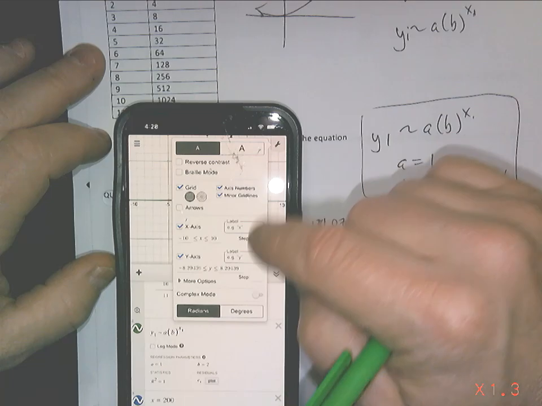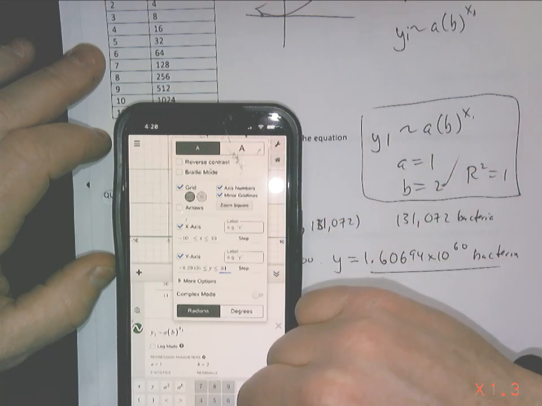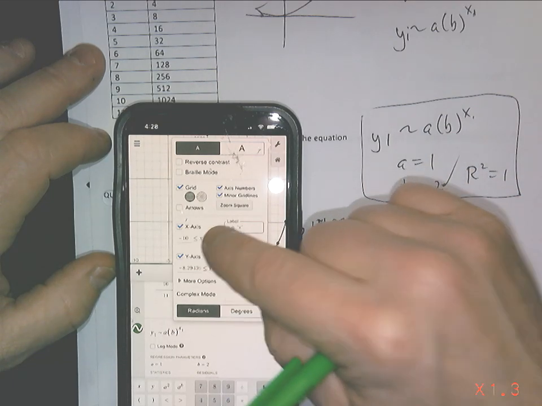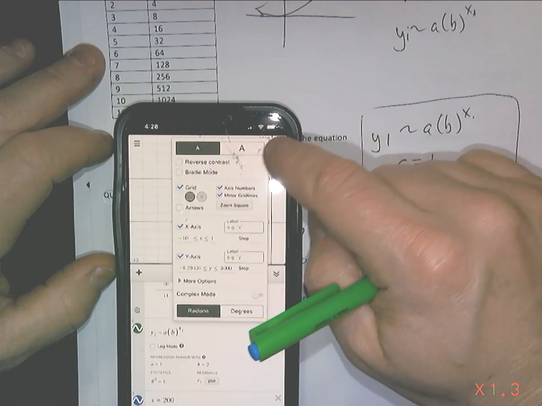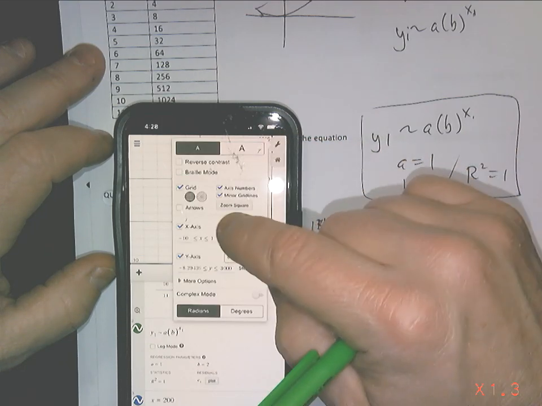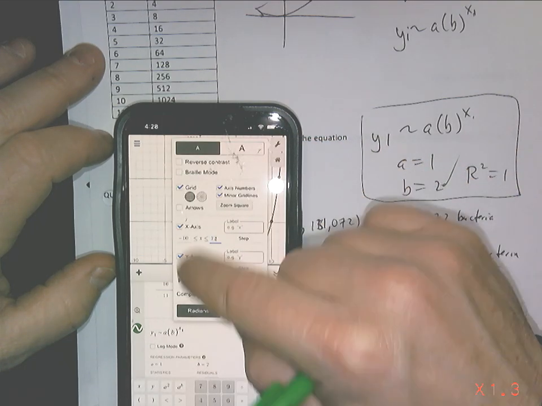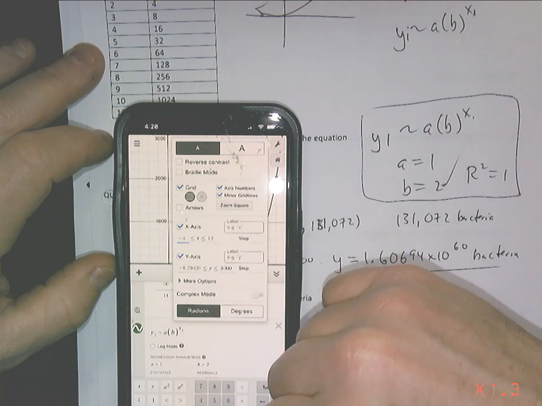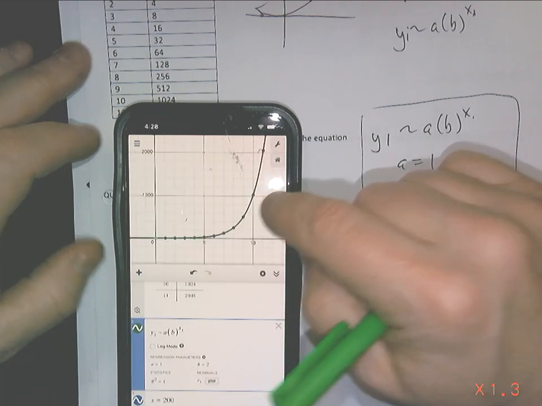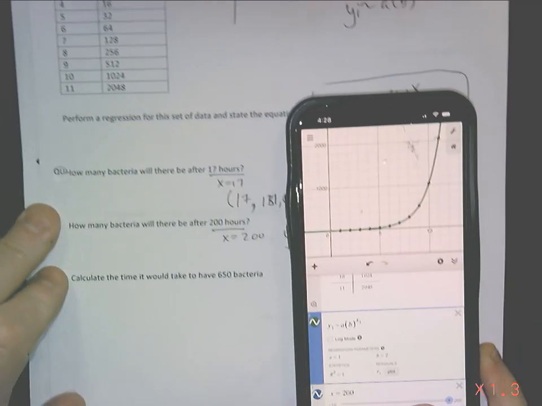There we go. Back home, make this 3,000. Make this at least 12. What's going on? 12. Make this -1. -4. There, better window.